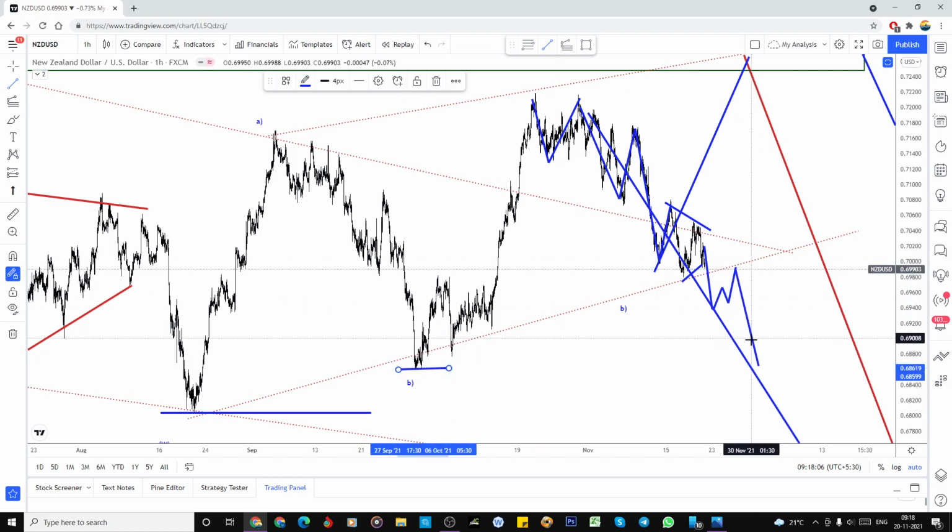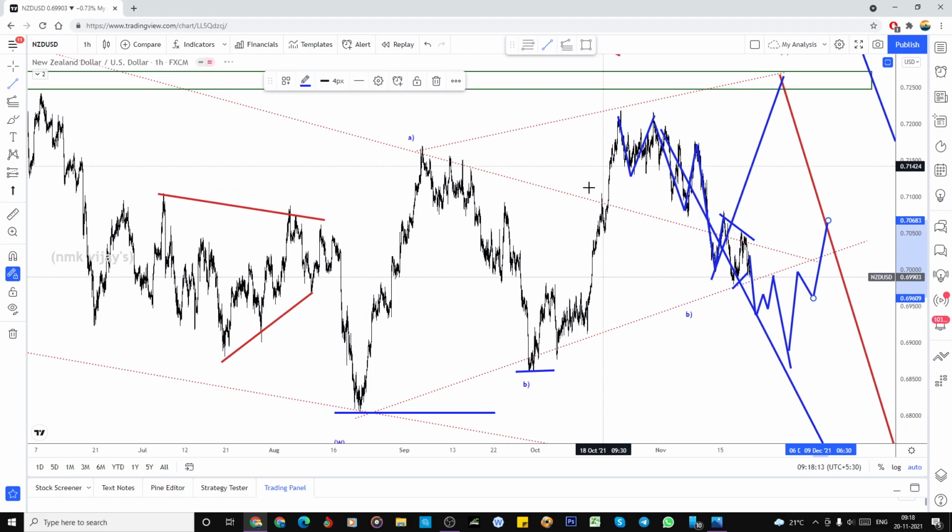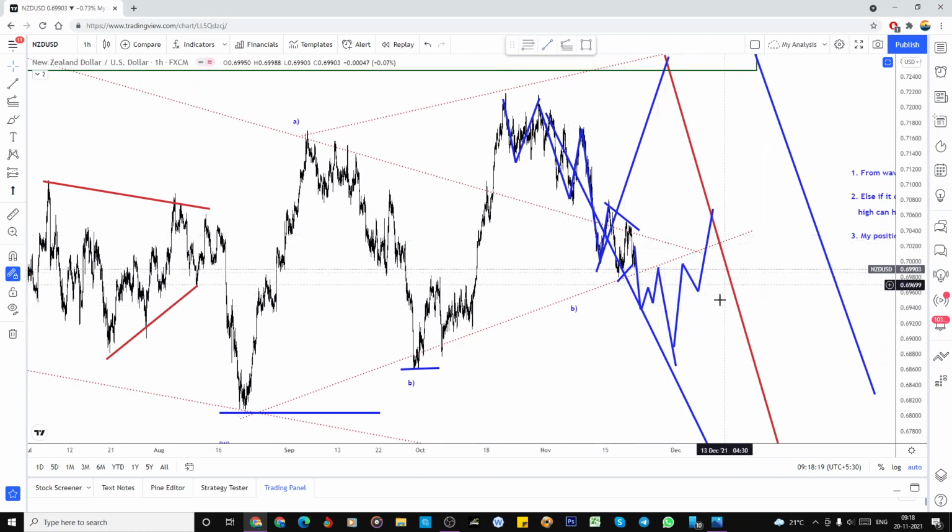Otherwise, if it doesn't break also, again there will be a 3-wave structure. So this could be the A and then B and C, or W or X. So still there is a consolidation I'm expecting, but here one more way is also possible, or from here also it can be bullish, then one more low.